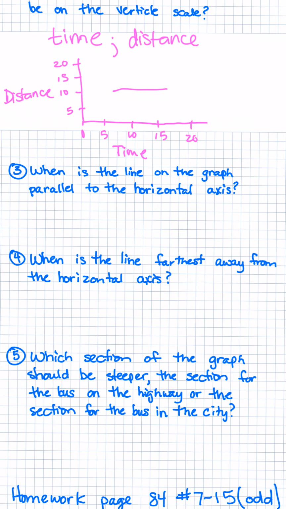So when is the line on the graph parallel to the horizontal axis? Parallel means that it's the same right there. The only time that would be the same, because otherwise he's going farther away or he's coming back, is when he stopped. Because if he stopped, then he's not going any farther distance-wise, but he still is spending time. So the line is parallel when the bus stops.